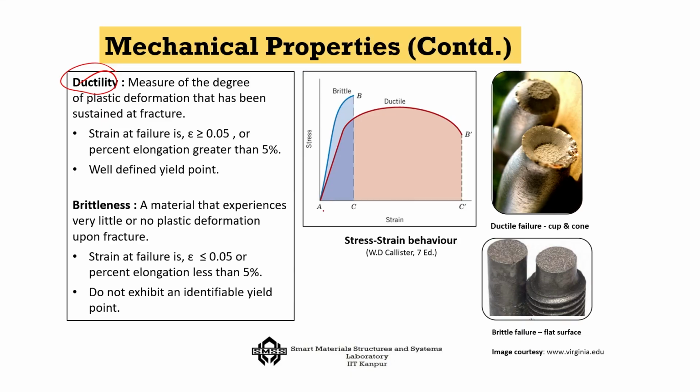So, this is important because ductility talks about all this plastic deformation that it can withstand before the failure. Okay. And then the other property is the brittleness. Now, brittleness is of course related to the failure, and that failure is generally not in the plastic domain at all.